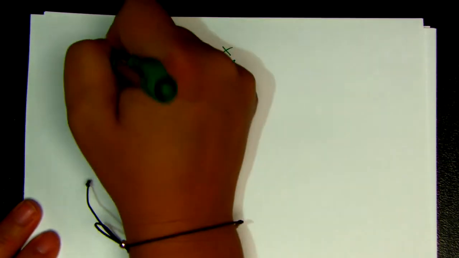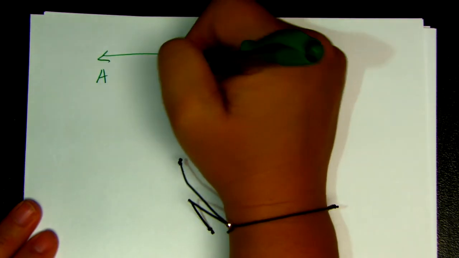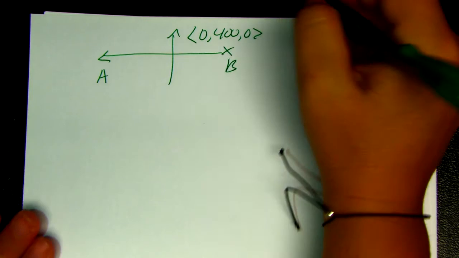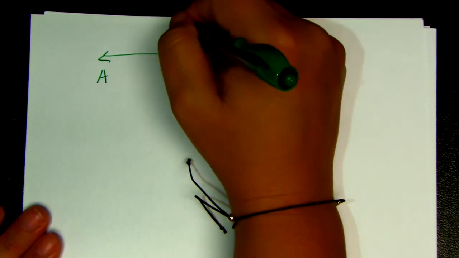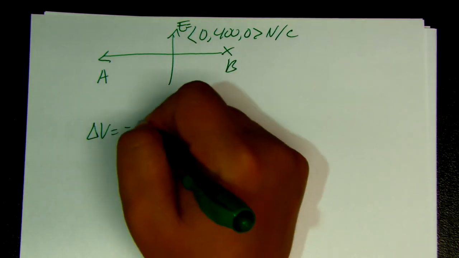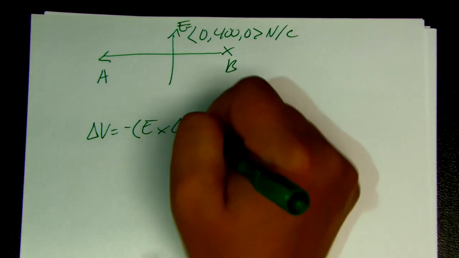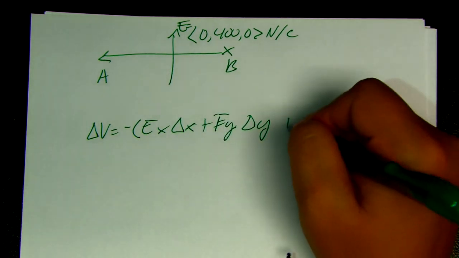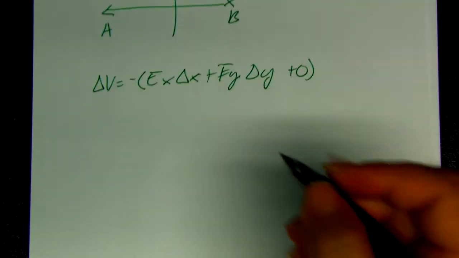Now let's look at a path perpendicular to the electric field. Once again, we can go from B to A. But this time, our electric field is going to be going up in Y. So here delta V is equal to minus E sub x delta x, plus E sub y delta y, plus 0 for the Z components.